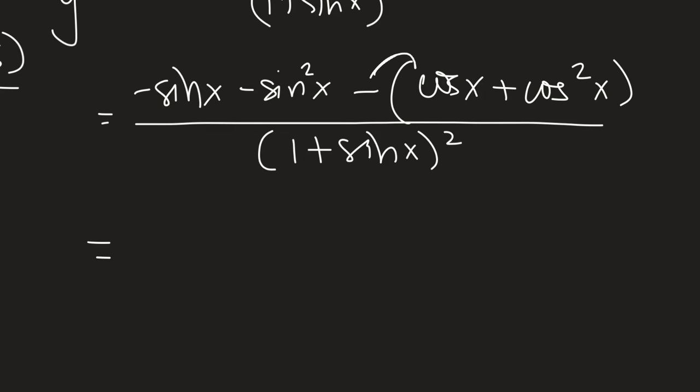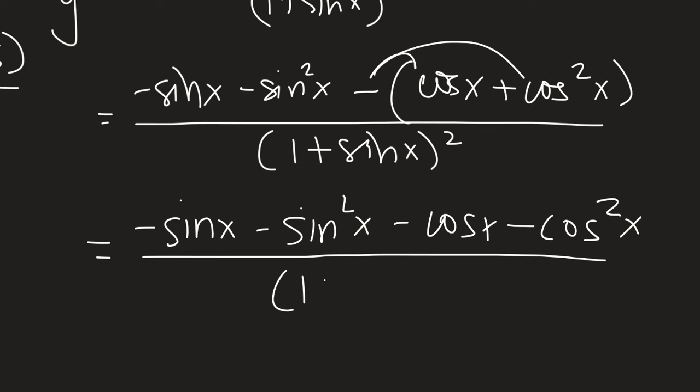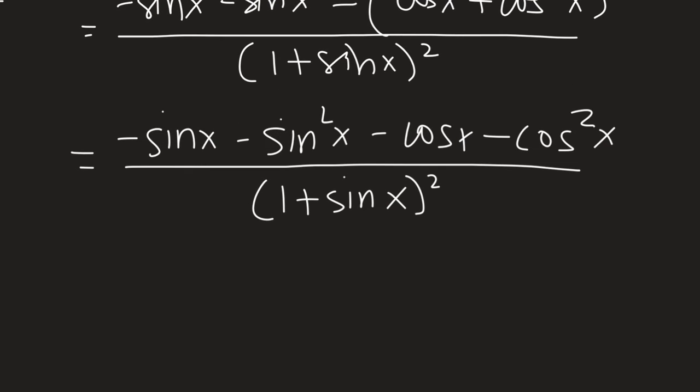So now I'm going to distribute my negative into here. So I have negative sine minus sine squared minus cosine minus cosine squared. I am seeing something that might remind me of a trig identity, namely that sine squared plus cosine squared equals 1.